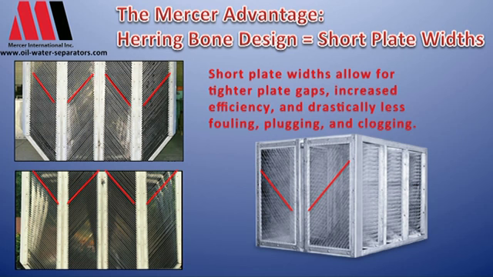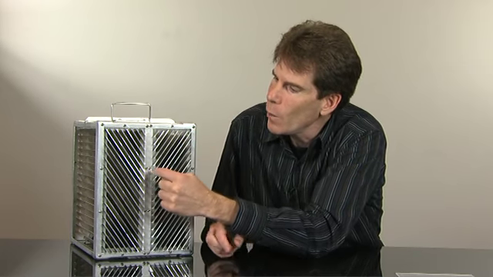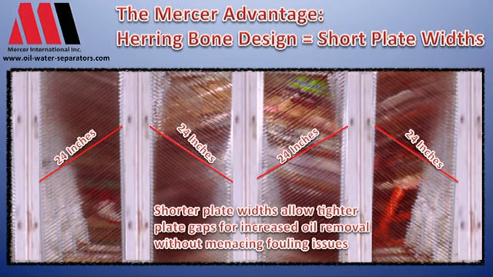By doing that and having short plate widths, we can take the rise and the run of the plate and keep that ratio much tighter. That way, instead of solids particles starting here and having to go all the way down the coalescer system and out, it only has to go this short distance to be processed out of the plate pack. That's very important because we can get our plate gaps tighter and tighter with less fouling.